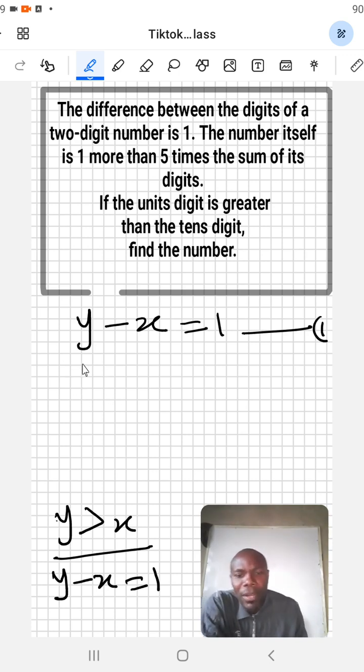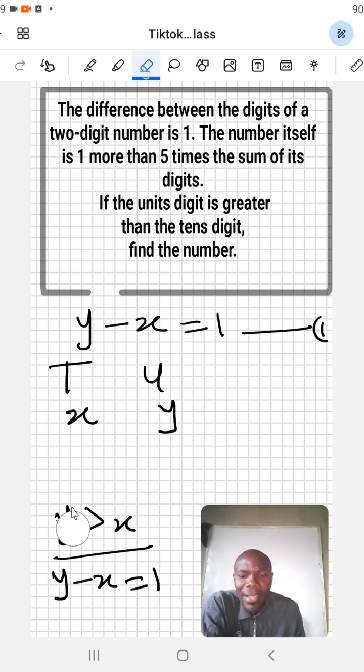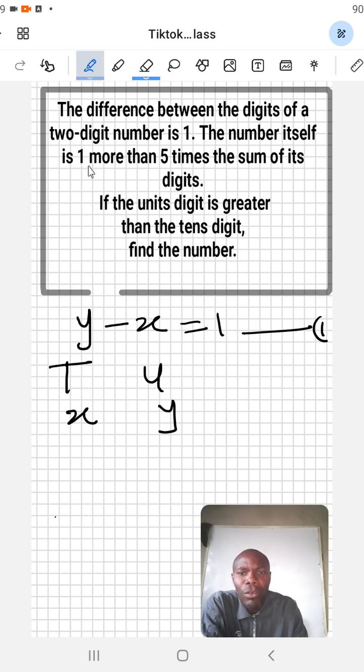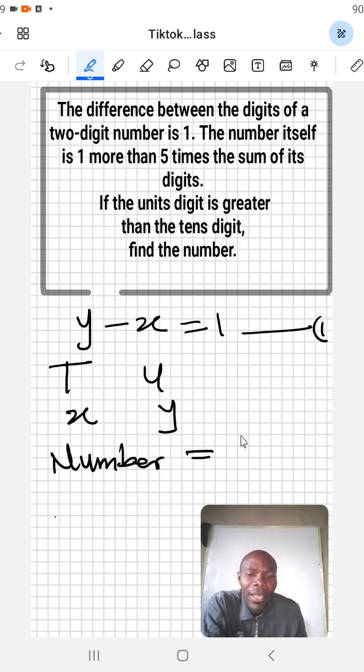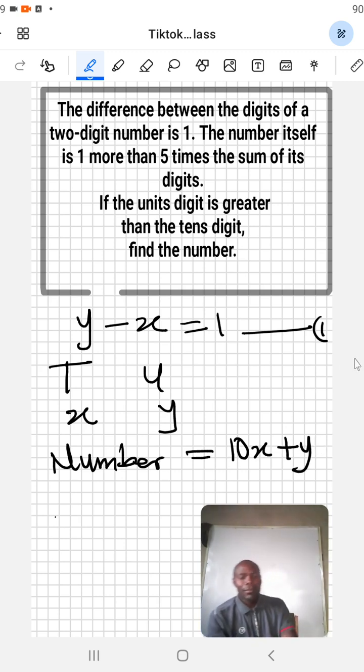The question continues. Recall that for tens and unit, I have x and y. So if I now want to write my number, my number will be 10x plus y. The question says the number itself is 1 more than 5 times the sum of its digits.